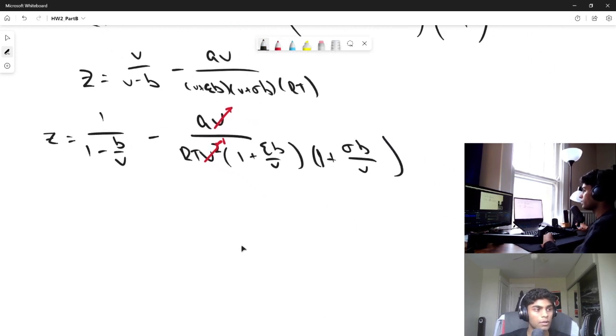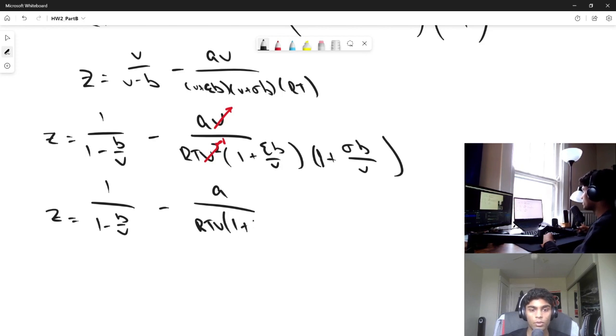Make sure you can see all that. So Z equals 1 over 1 minus b over V, minus a over RTV, 1 plus epsilon b over V, 1 plus sigma b over V.